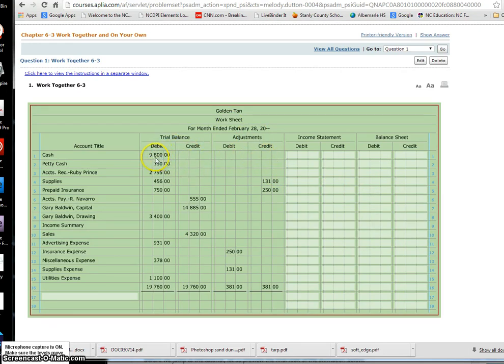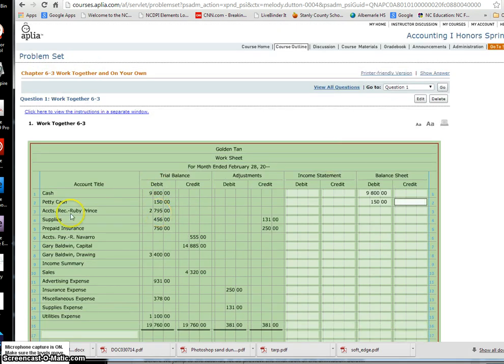It has a debit balance, so we transfer that to $9,800. Petty cash, okay, $150 debit balance, no adjustments, so right here, $150. Accounts receivable Ruby Prints, $27.95, no adjustments, okay, it's a debit balance, $27.95.